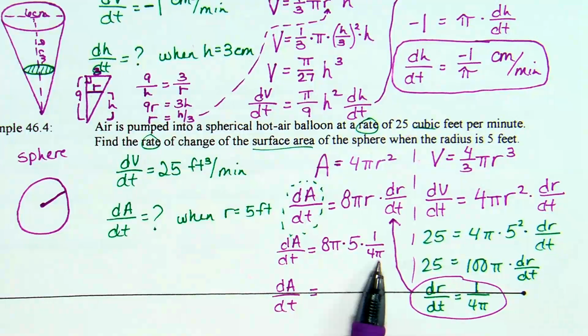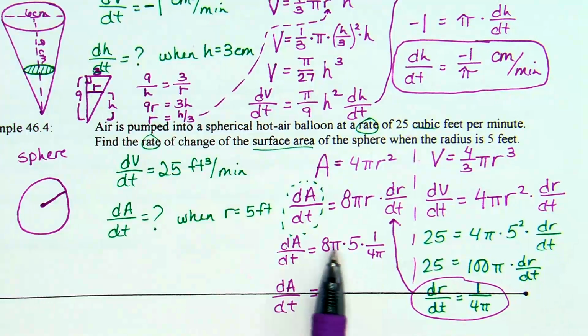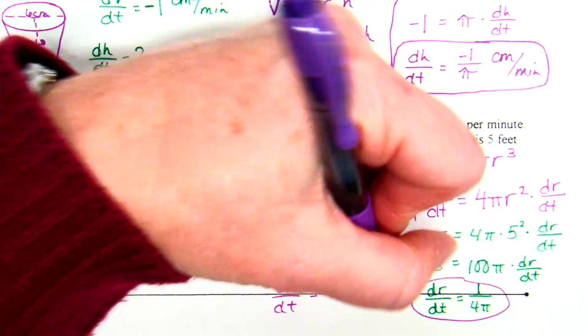I see that my pi's cancel. 4 and 8 both divide by 4, so 4 pi is gone. 8 divided by 4 is 2. 2 times 5 is 10 times the 1. And so we are at 10. This is the change in area. Area is feet squared, so this is 10 square feet per minute.